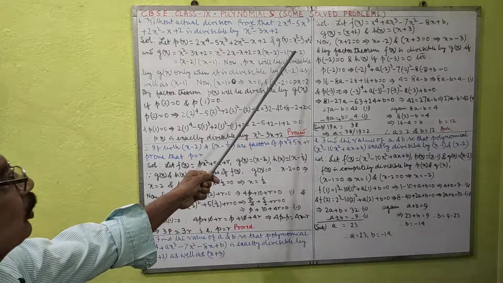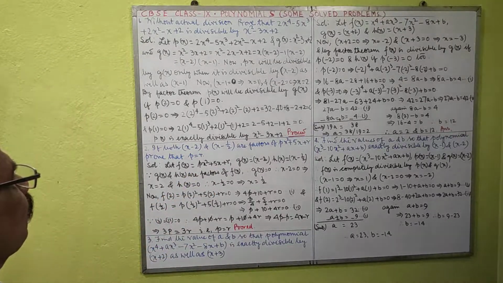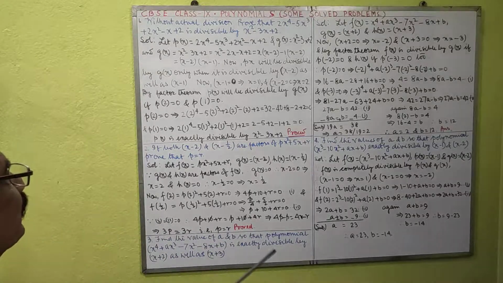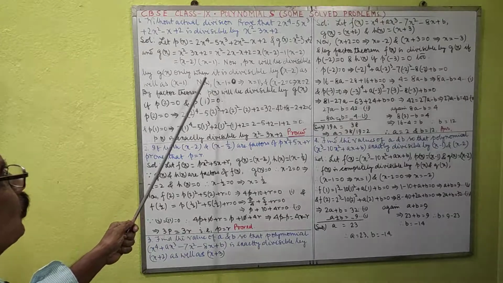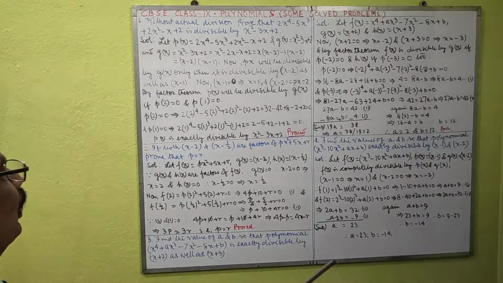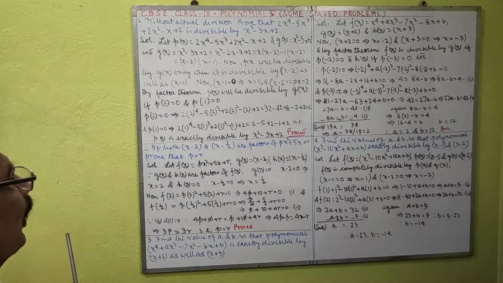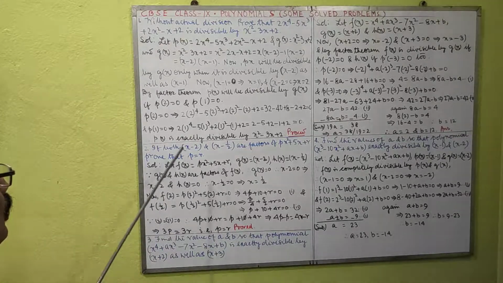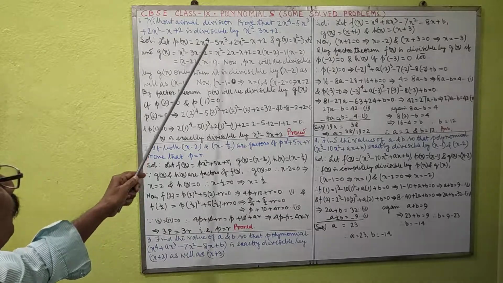When x² − 3x + 2 divides completely without any remainder, that means x − 2 and x − 1 both will divide the polynomial p(x), because it is completely divisible.